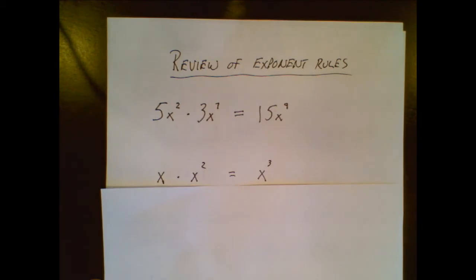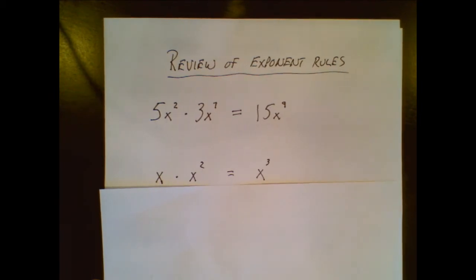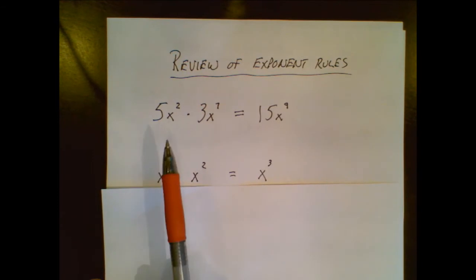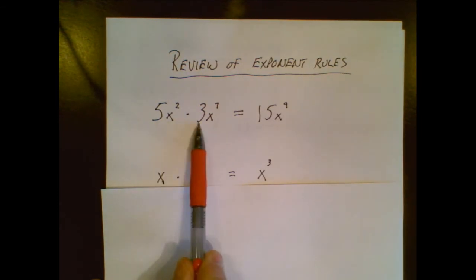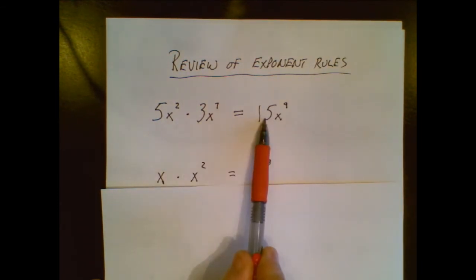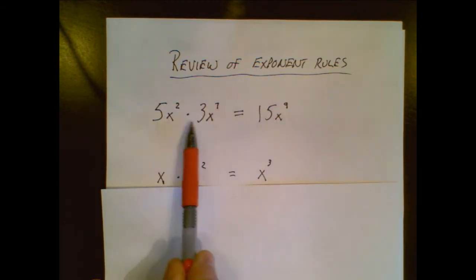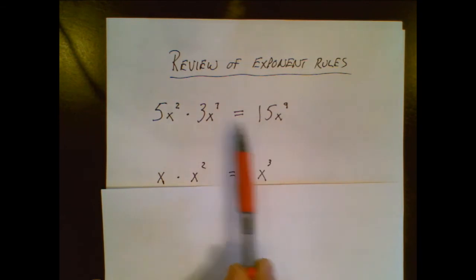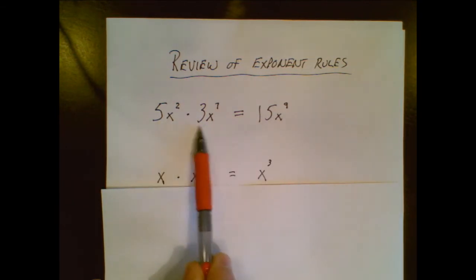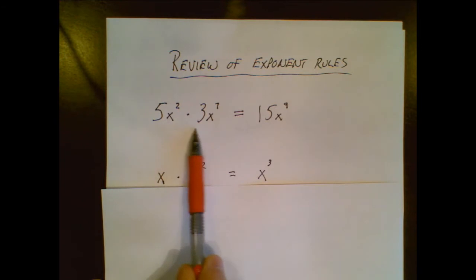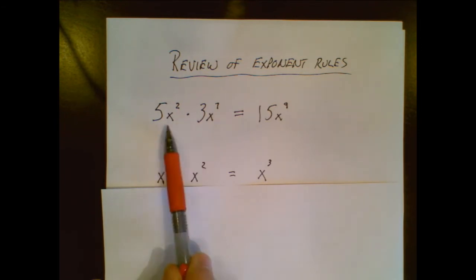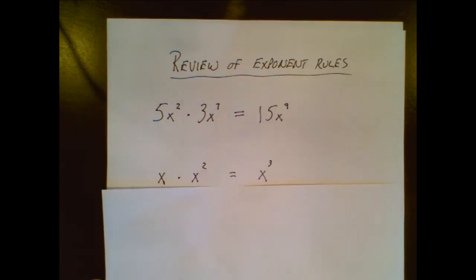The exponent rules you really care about for the multiplying of polynomials are basically this. Take your coefficients and multiply them. Add your exponents. You don't have to have like terms to multiply. You couldn't add these two because they're not like terms. You couldn't subtract these two because they're not like terms, but you are allowed to multiply.